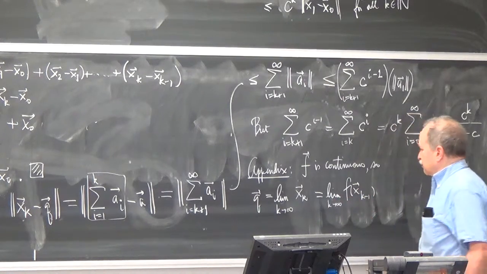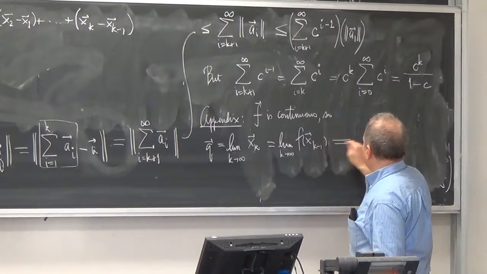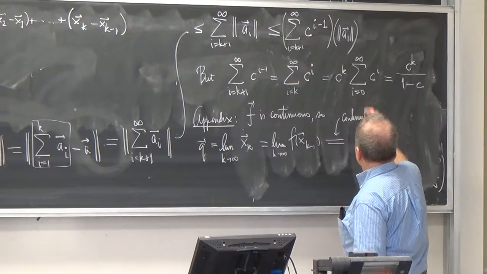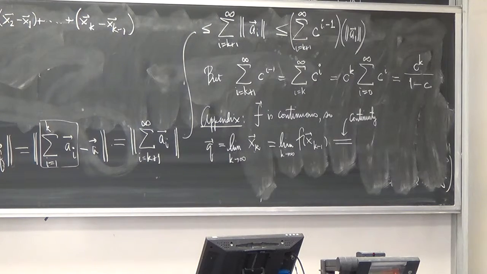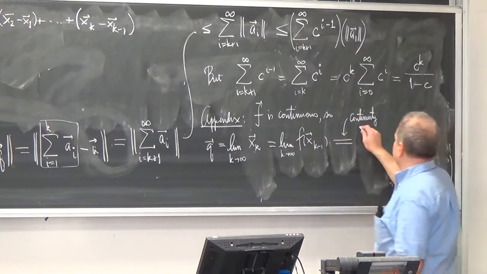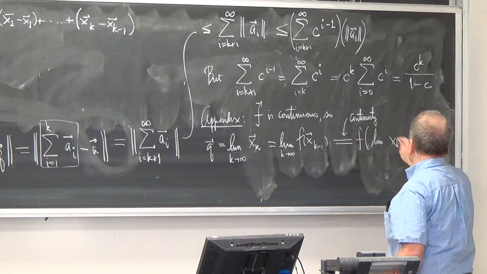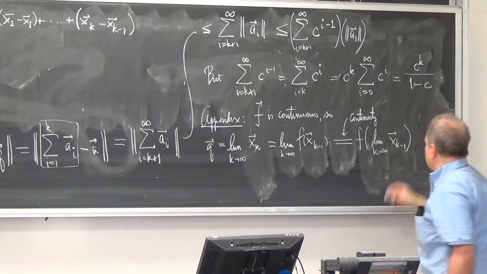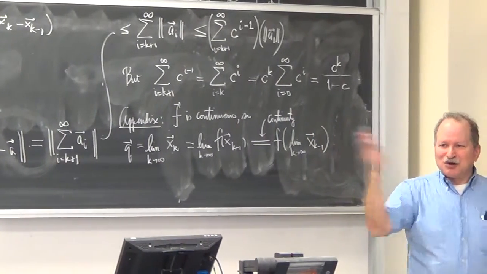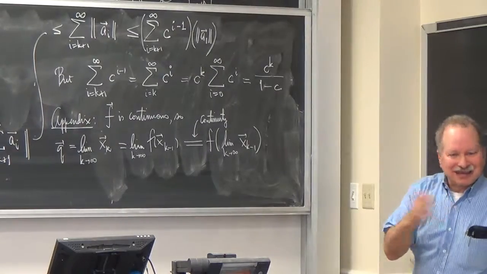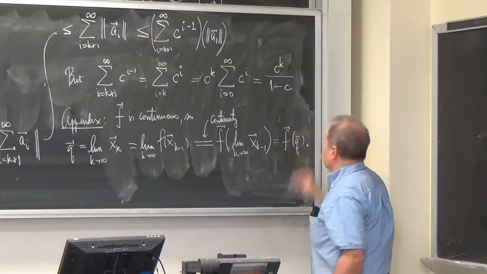That's by definition, the way you get x_k is by iterating f. But by continuity, what happens when you take f of a sequence if you have a continuous function? It approaches f of the limit. Well, the limit of that sequence is also q. If a sequence converges to q, so does the sequence you get by going one back. It also goes to q. So that's why it's a fixed point.